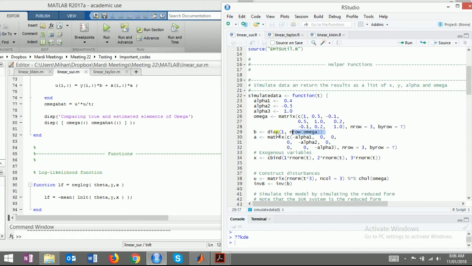B is diagonal, you put ones diagonally, and the number of rows will be that of omega.